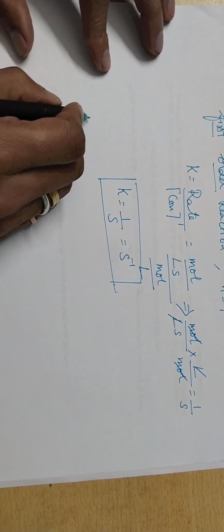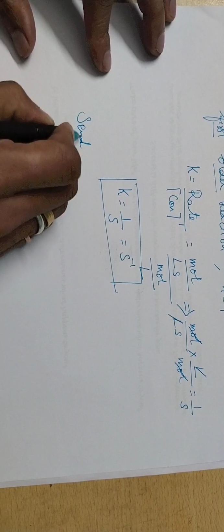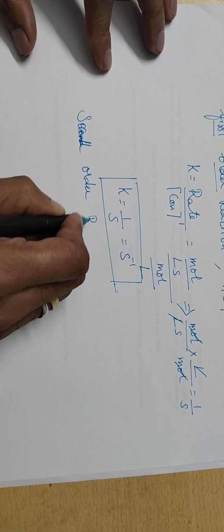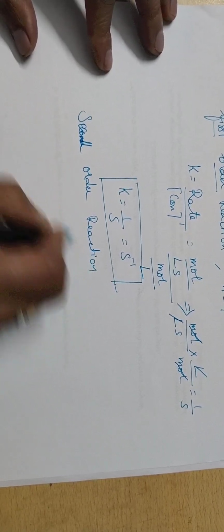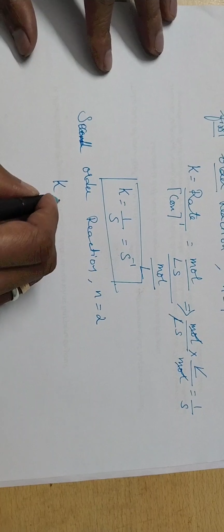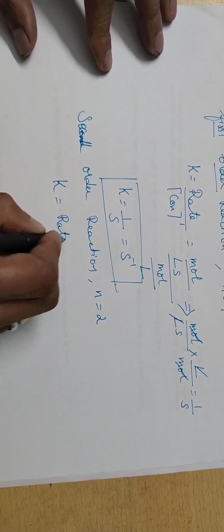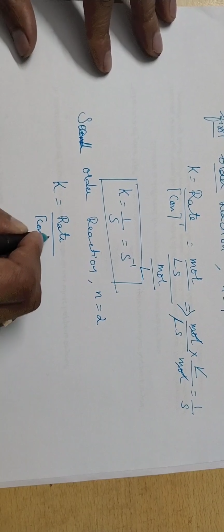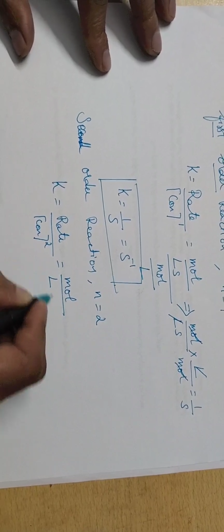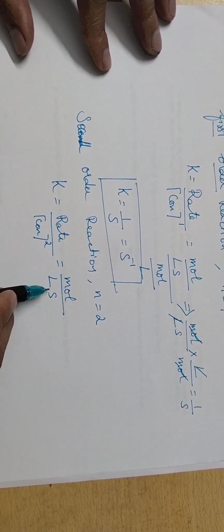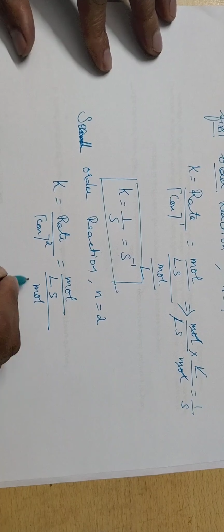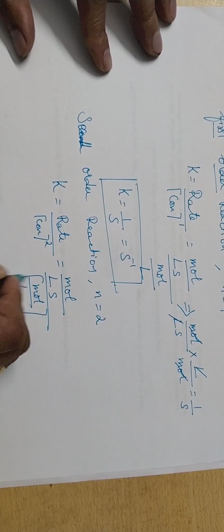Similarly, for second order reaction, the value of n is 2, k is equal to rate divided by concentration to the power 2, which is mole per liter second, the rate's unit, divided by concentration, mole per liter, whole to the power 2.